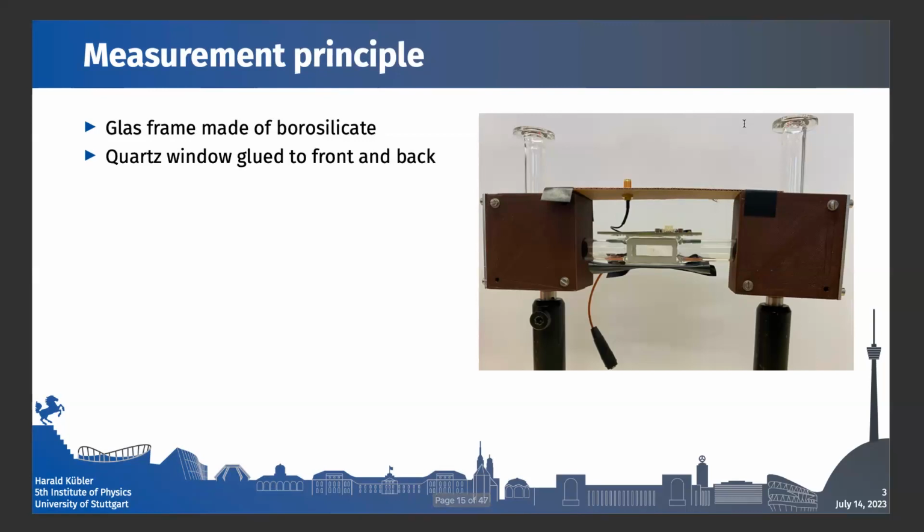And we've got four windows glued on the side. That's another nice thing for all the people working with alkali atoms. Nitric oxide is highly reactive, but there are glues that can withstand nitric oxide. So production of the cells is way easier than what you're used to for the alkali atoms. Plus, we're working in flow-through, which simplifies the containment a lot.